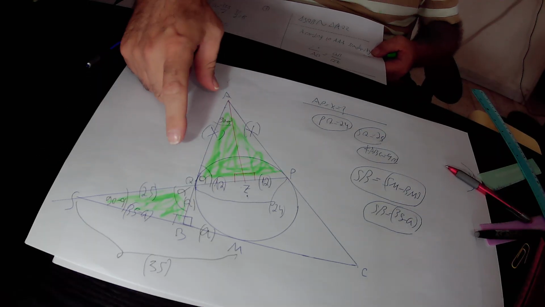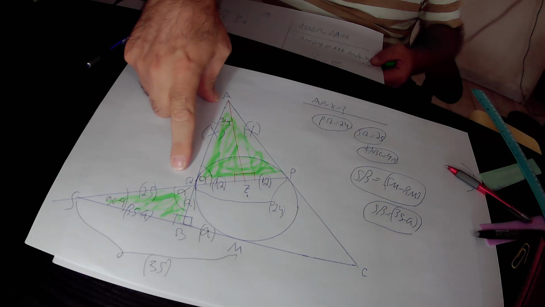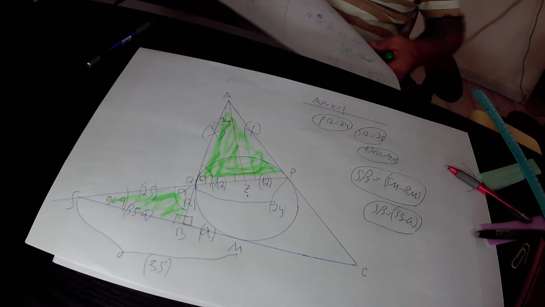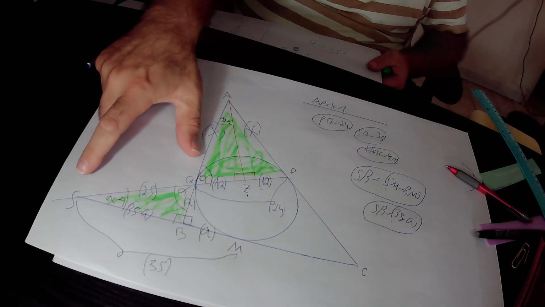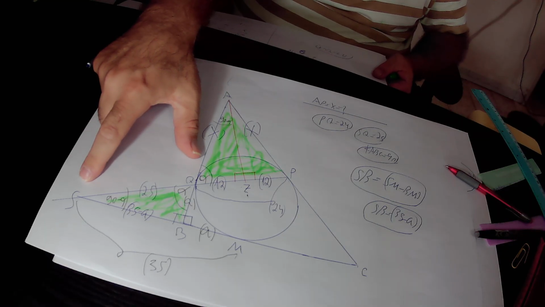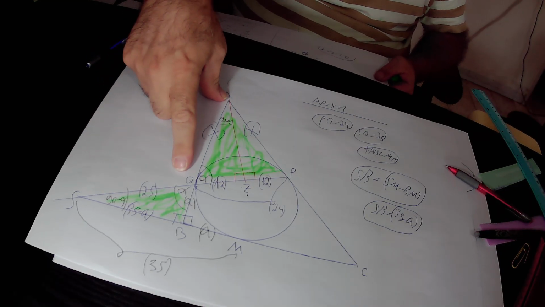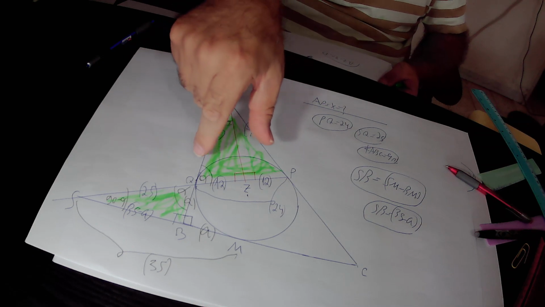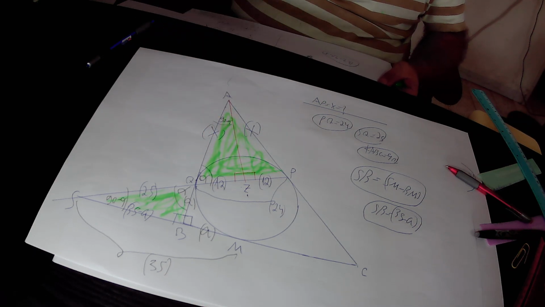Again, side SQ of the right triangle SQB over side AQ of this right triangle AQZ is equal to side QB of this right triangle SQB over side QZ of this right triangle AQZ.